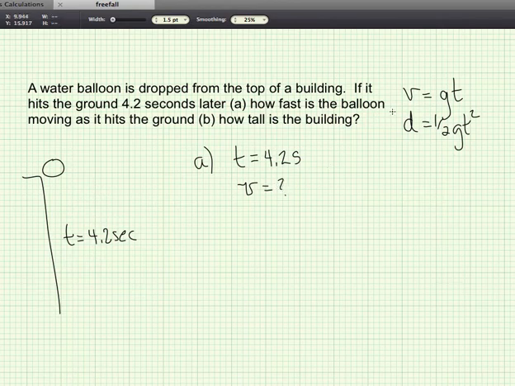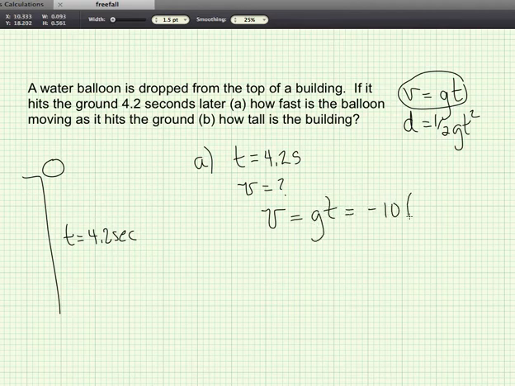So now you decide which one of these two you're going to use to solve for velocity. And we would use this one. So I'm going to use velocity equals g times t. I'm going to take -10 times 4.2. That means my velocity is going to be -42 meters per second. And the negative sign simply tells you that the balloon is falling down.